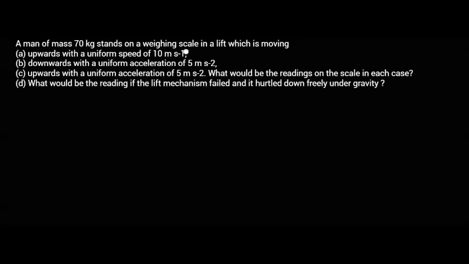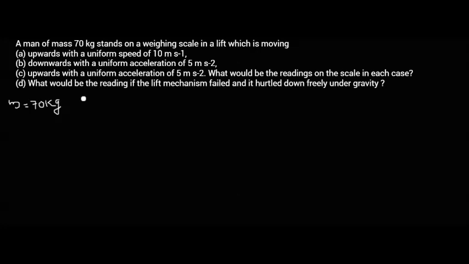So in this situation we have to find out what is the normal reaction. By drawing the free body diagram we have to find out the normal reaction. Okay. So the given parameter is the mass of the man. The actual mass of the man is given as 70 kilogram. We have to find out what is the apparent weight of the person. Right.